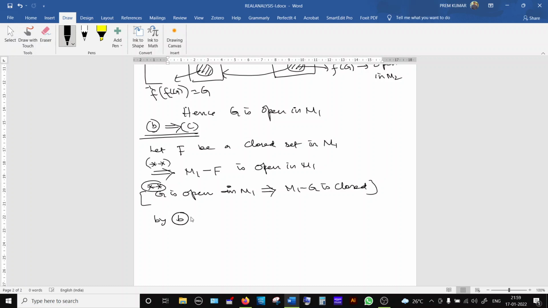By the assumption of B, M1 minus F, that is the complement of F, is open in M1 if and only if f of M1 minus F is open in M2.